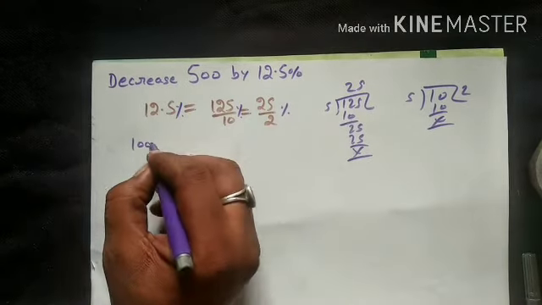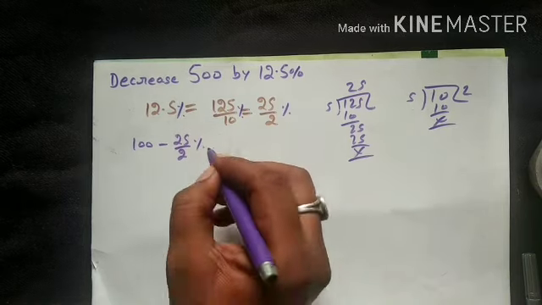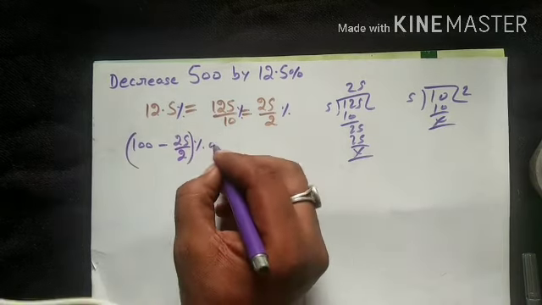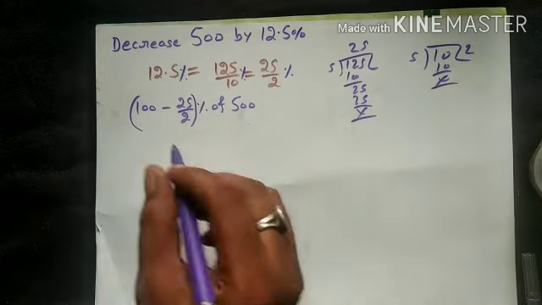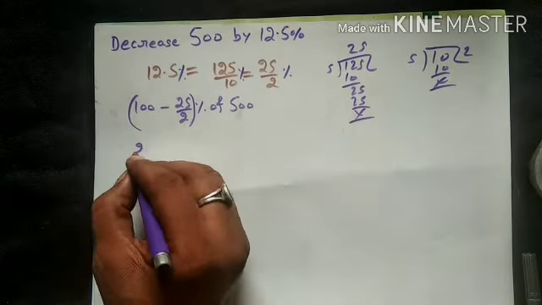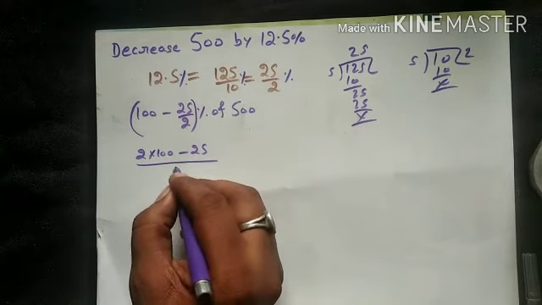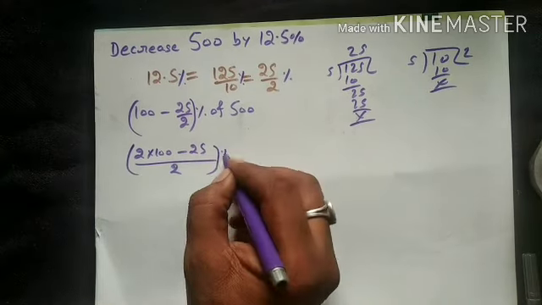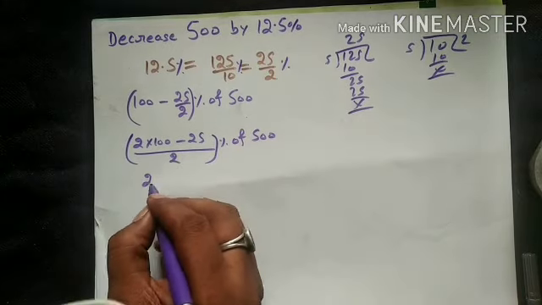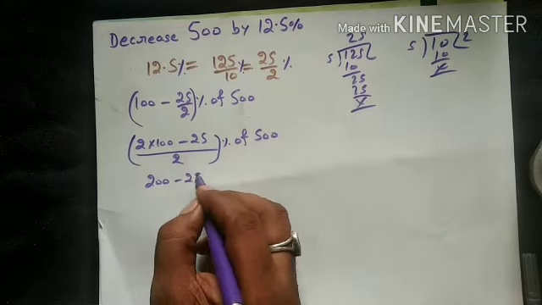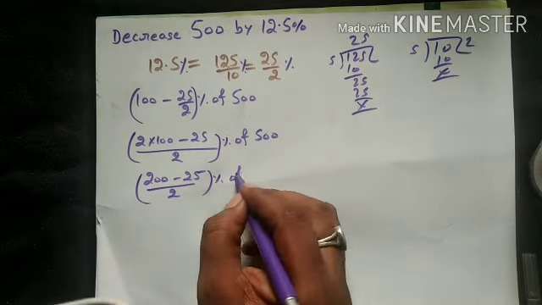So 100 minus 25 over 2% of 500. Okay, now 2 multiply 100, 2 multiply 100 minus 25 over 2 bracketed percent of 500. 200 minus 25 over 2% of 500.